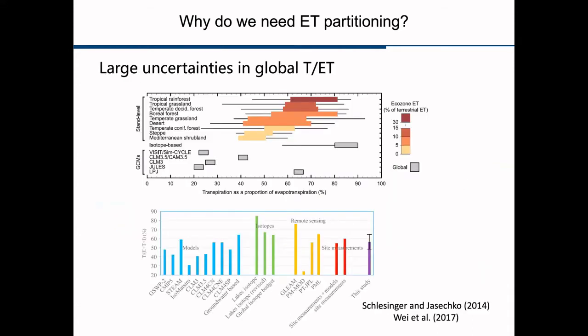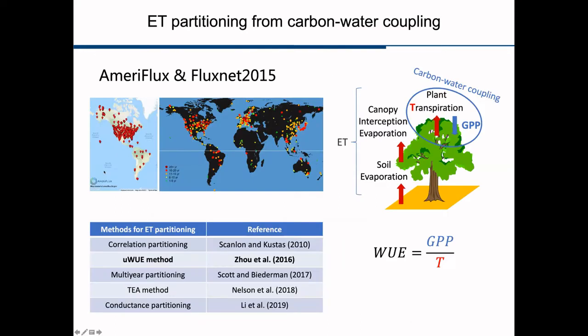Many techniques have been used for partitioning ET into transpiration and evaporation, but the proportions of the two components over ET are still debated. In recent years, several new ET partitioning methods were proposed by making use of observations of carbon and water fluxes from global eddy covariance sites.